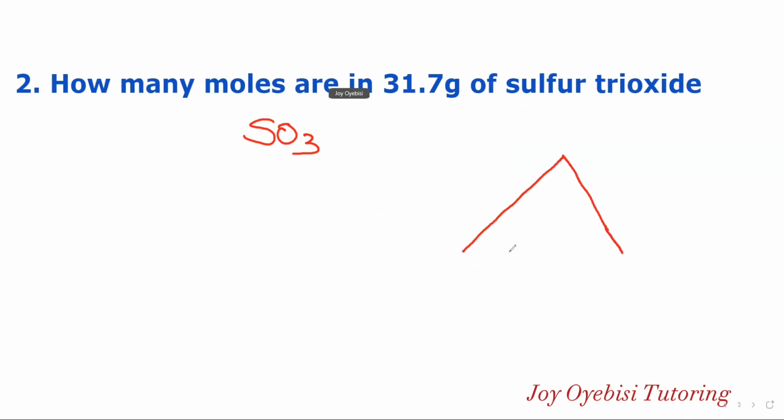If we use the triangular method, we have mass denoted as small letter m. Now here you have n, which is the number of moles. And then over here you have big letter M, which is going to be the molar mass.